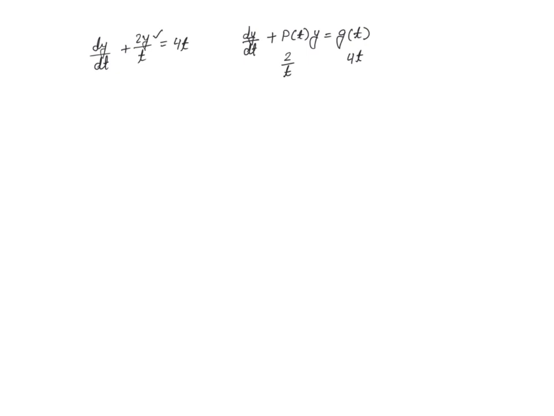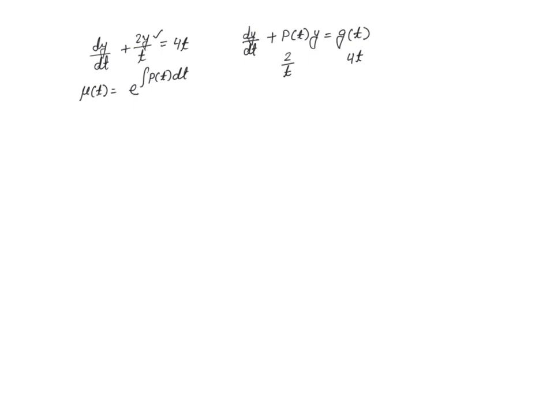Now, this first order linear differential equation, as you know, we will be solving by using an integrating factor. The integrating factor mu of t is equal to e to the power integral p of t dt.